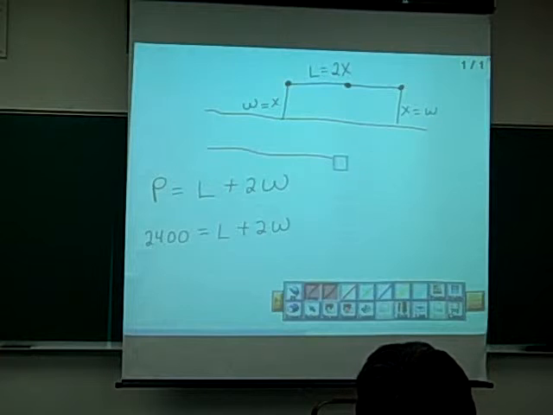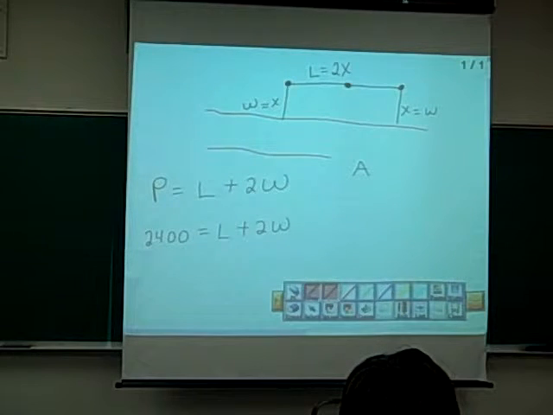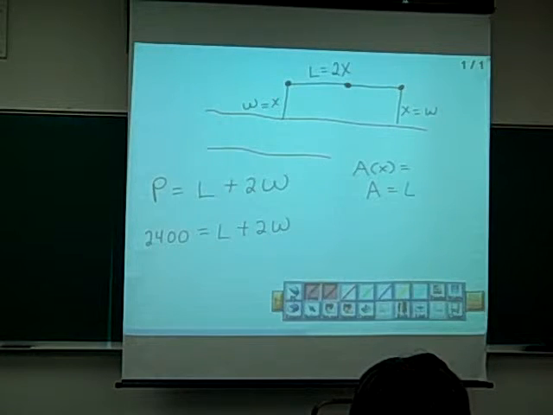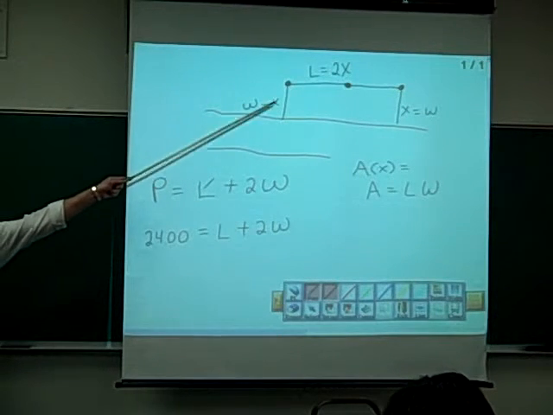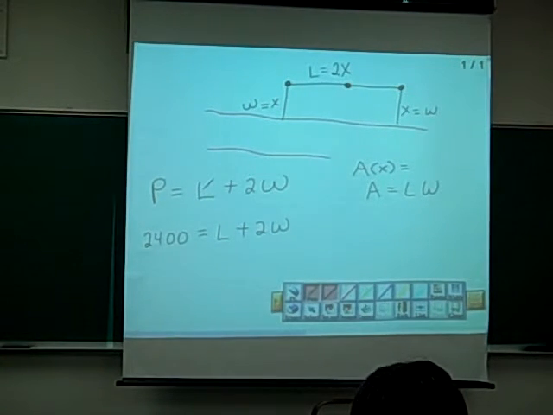Okay, well the problem here is that we want to model area in terms of one of its sides, which is x. Okay? And we know that area is equal to length times the width, right? So what we have to do here is we know that the length of the fencing is 2,400.